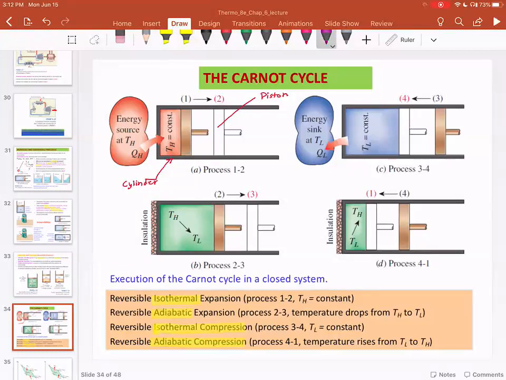So Carnot cycle comprises expansion and compression. Initially the expansion is isothermal, then it becomes adiabatic, then the compression starts. Now, believe it, it's a little bit difficult to visualize.